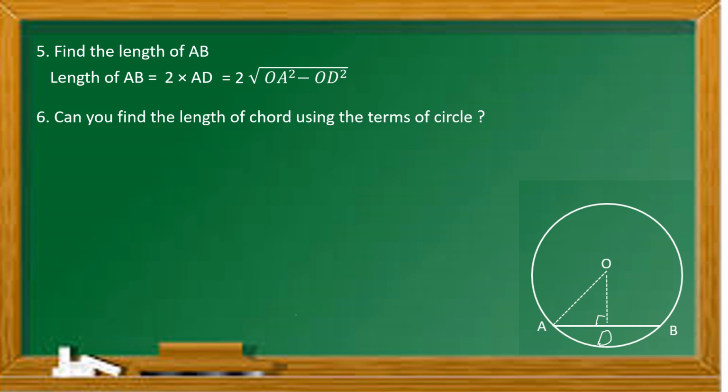Now, can you find the length of chord using the terms of circle? Till now, we have found out AD and AB in terms of Pythagoras theorem, isn't it? Or by using the terms of a triangle. Now, can you convert the formula for Pythagoras theorem in terms of circle?